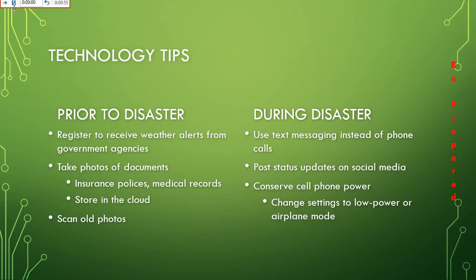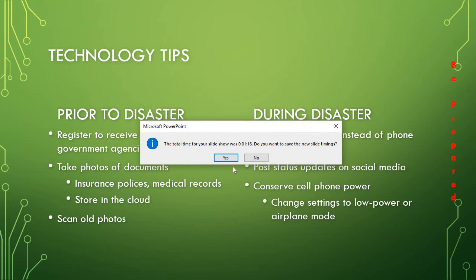Then I would say, okay, on the next one, technology tips prior to disaster: make sure you register, take photos, scan old photos; during the disaster, use text messaging, post status updates, conserve cell phone. And right when I get done with that, I would hit next. At that point it says your entire presentation takes 1 minute 16 seconds. So as I'm talking, the presentation would be changing automatically for me.